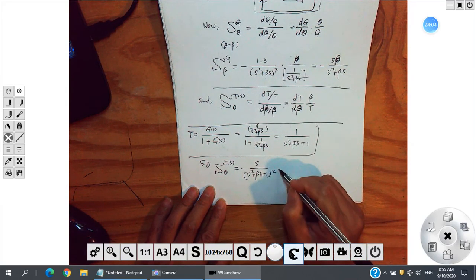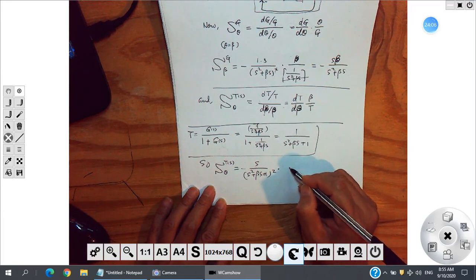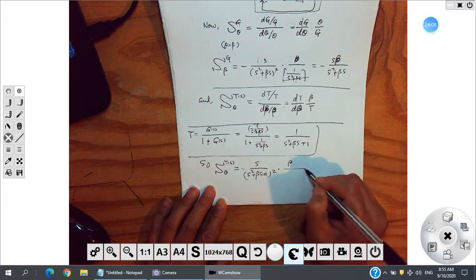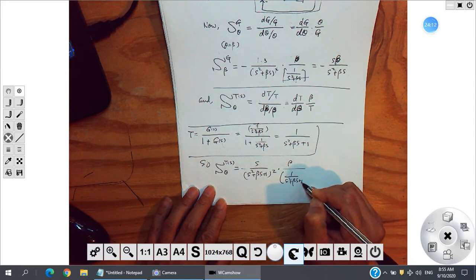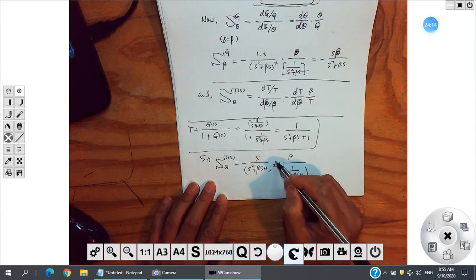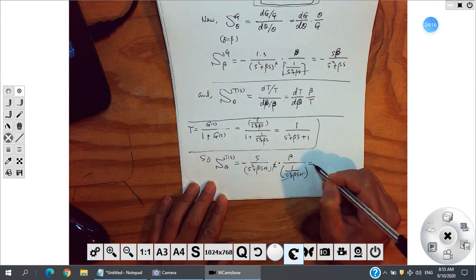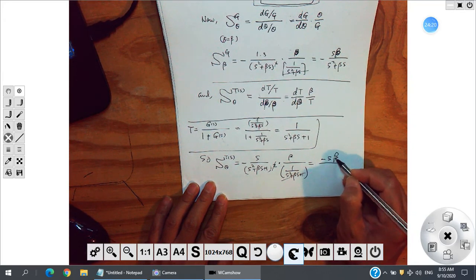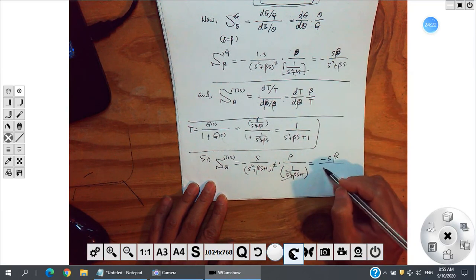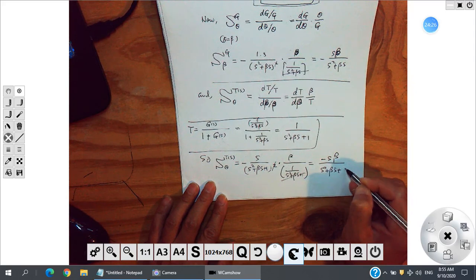And times beta over T. Beta over T is 1 over s squared plus beta s plus 1. And similarly, we can cancel these. I get negative s beta, same as that, in the numerator. And the denominator is s squared plus beta s plus 1.